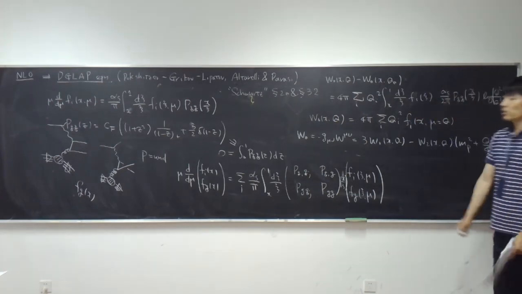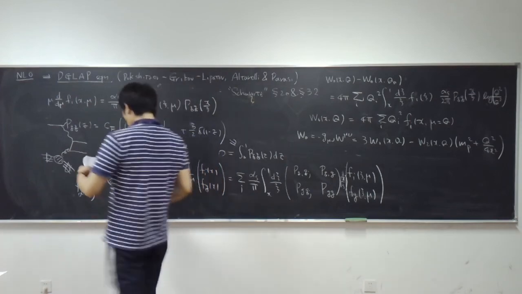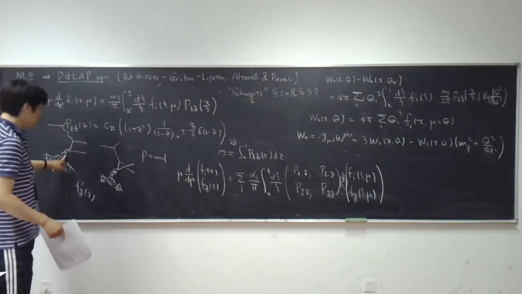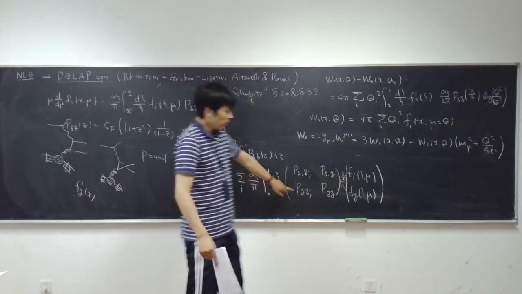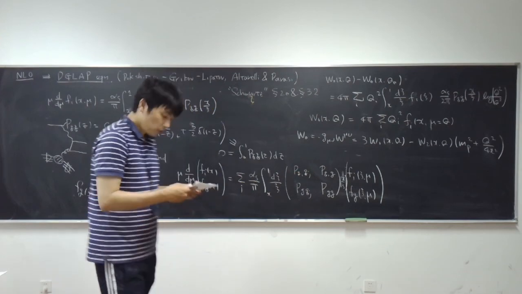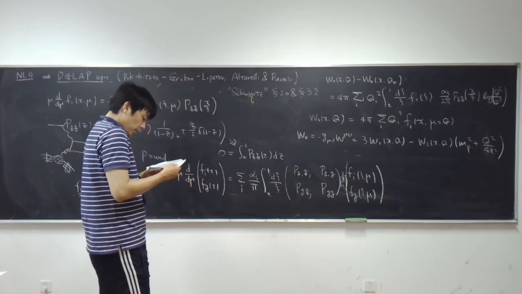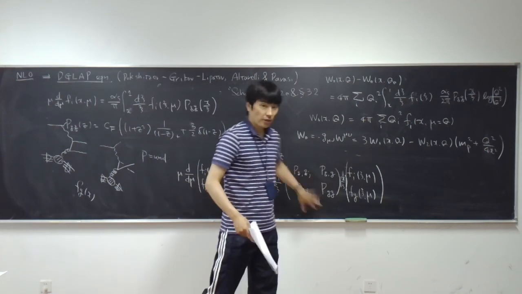Okay, so in fact, to be more precise, you need to include this diagram to read off these splitting functions. You have to consider all the processes, and then F_i and F_g are mixed by these splitting functions.